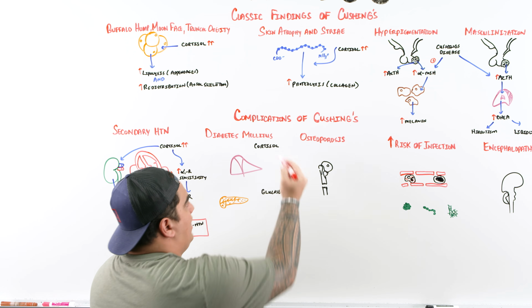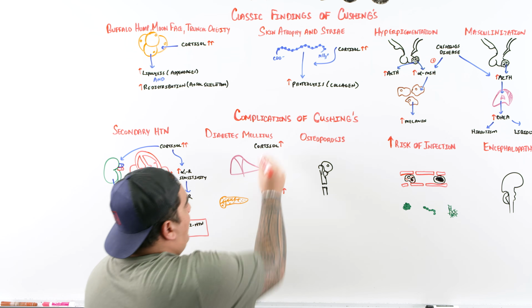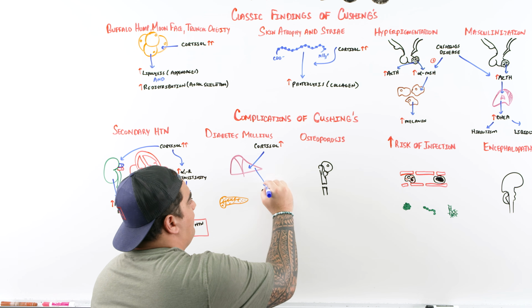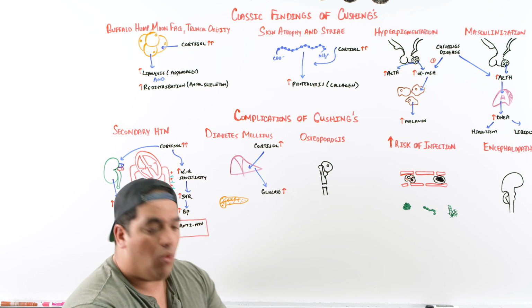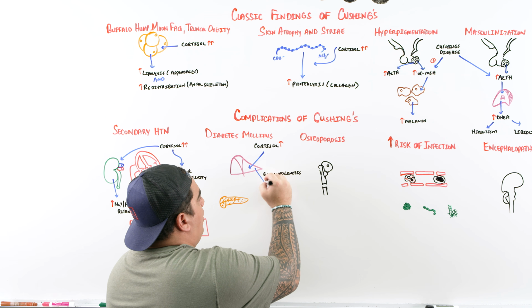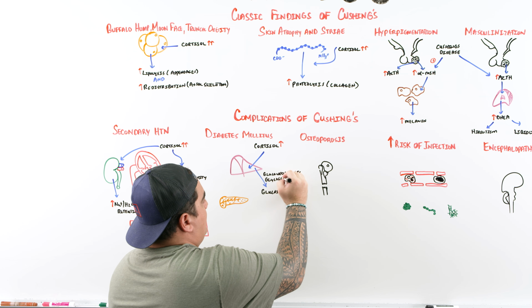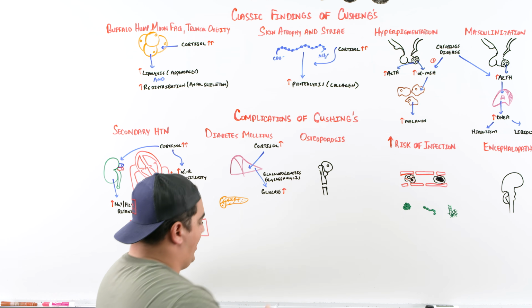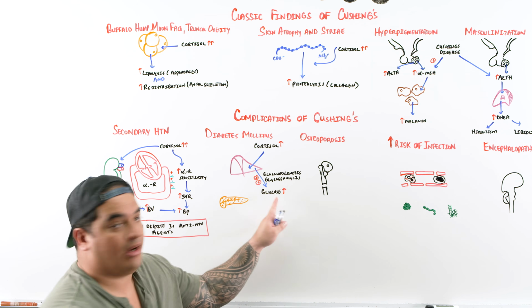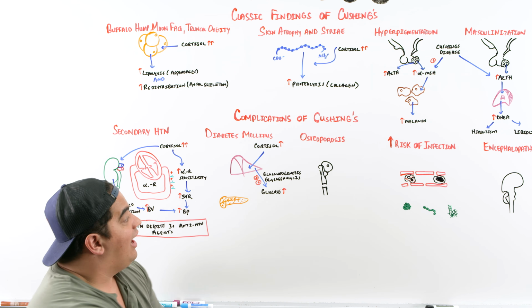Without going crazy, I want you guys to remember that cortisol works on the liver and it increases your blood glucose levels via two particular pathways. One is called gluconeogenesis, and the other one is called glycogenolysis. Either way, these pathways are being stimulated and pushing more glucose into the bloodstream, causing hyperglycemia.